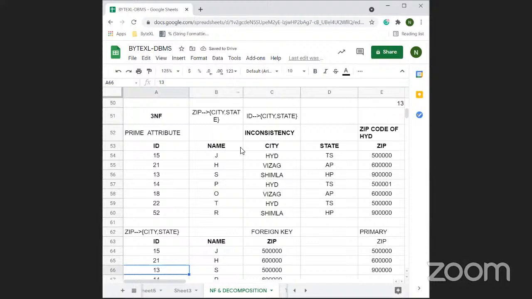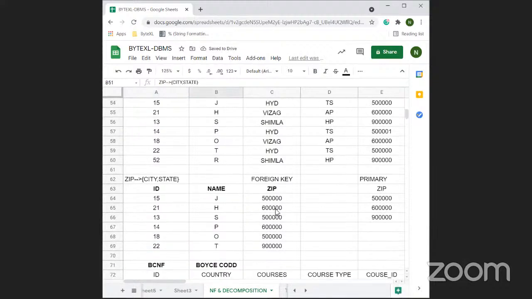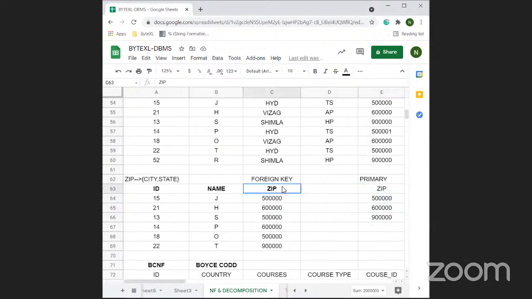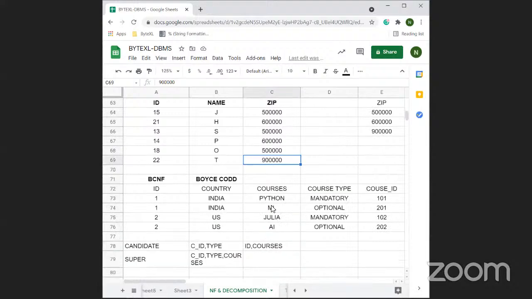If I give you the zip code, can you give me city and state? In this table, this lookup table is separate. If I give you a zip code, from this table's point of view, you cannot give me the state value and city value of a particular zip code.